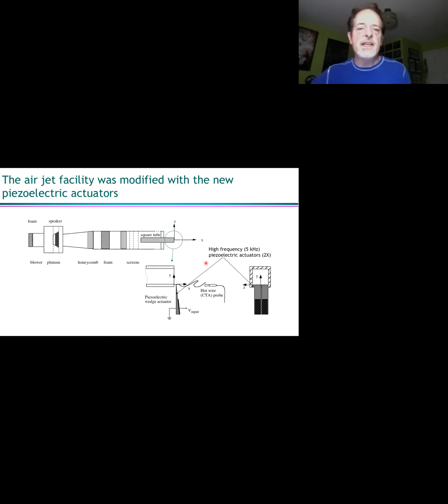Again, I used the same air-jet facility. As I mentioned, the actual actuators were different. I used a wedge actuator, actually 2 of them. They happen to be about 3/4 of an inch wide. I put 2 of them down here, just on one side of the square nozzle.